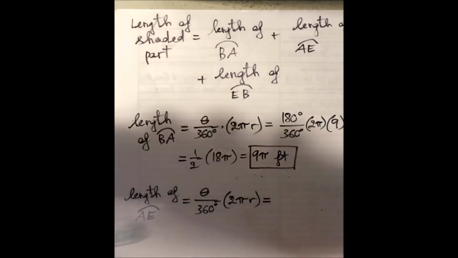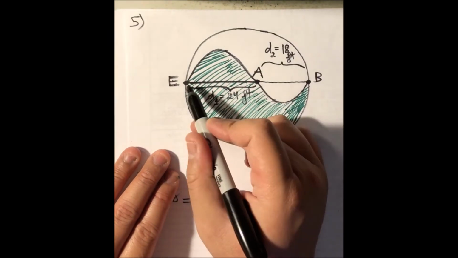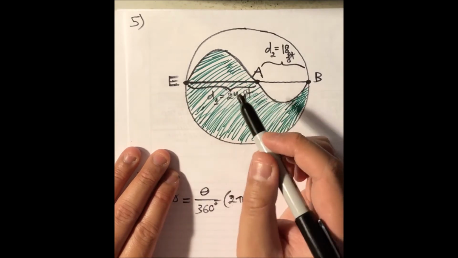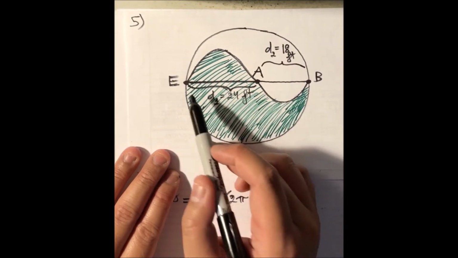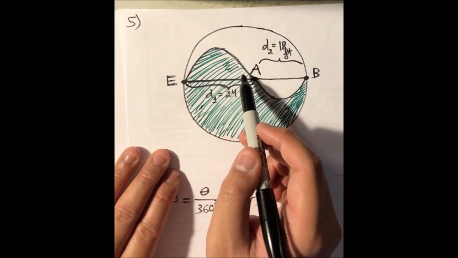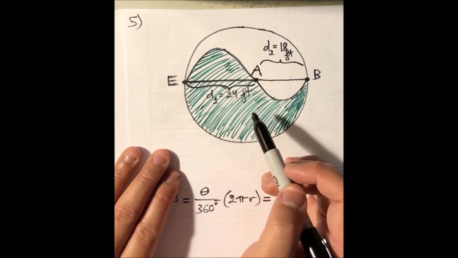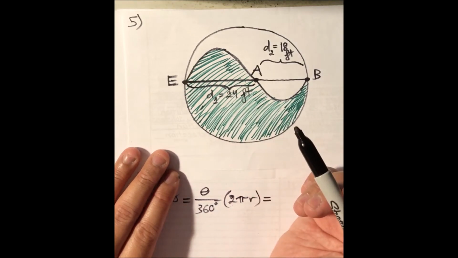If we take a look at the minor arc from A to E right here, and this might be a little difficult to see, the diameter for the arc from A to E is going to be 24 feet. So if the diameter is 24, then the radius is half of the diameter, which is 12.